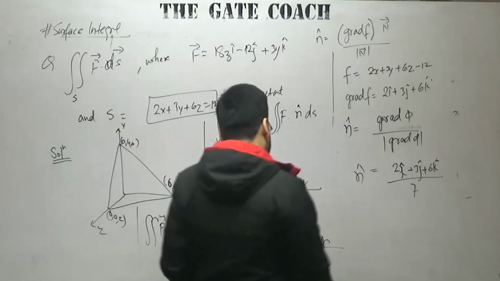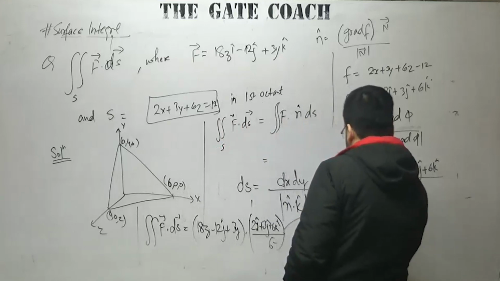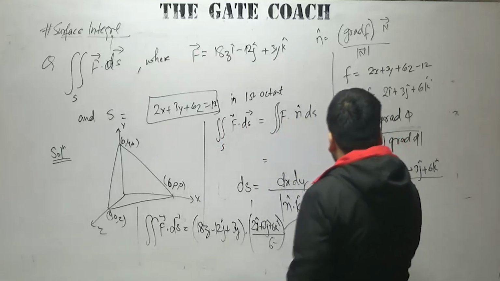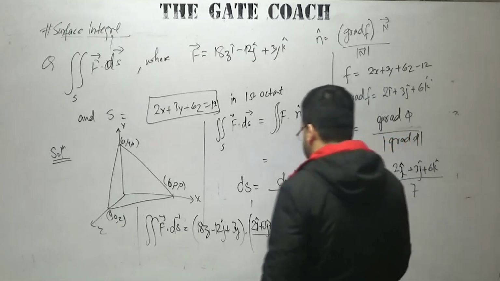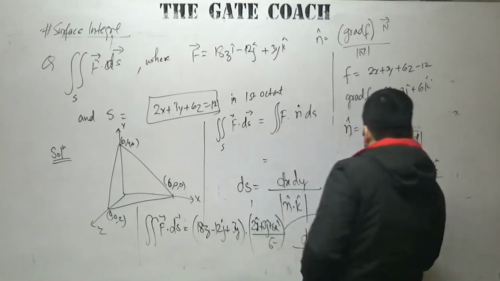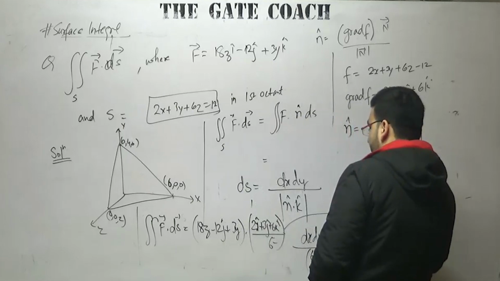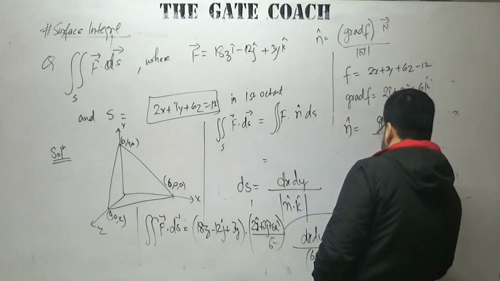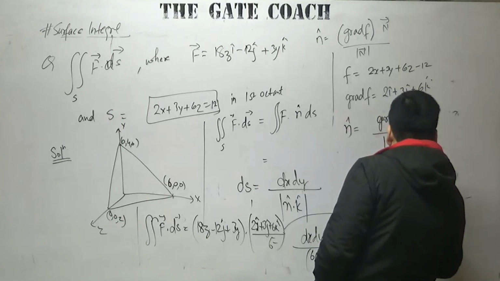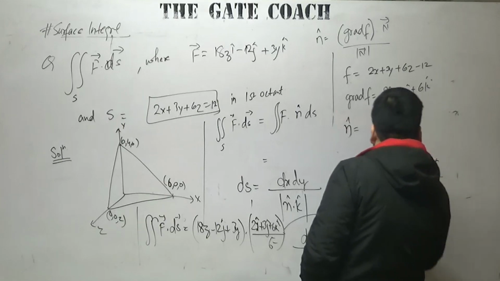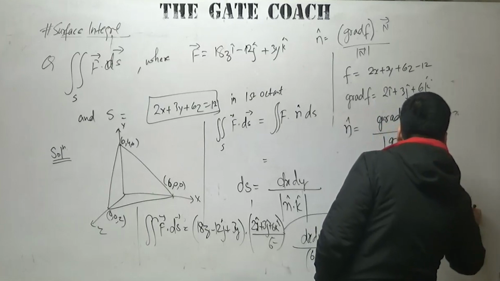You further solve it and you will be getting, let me take 1 by 6 common here. It will be the double integral along the surface S of 36z minus 36 and plus 18y, dx dy.